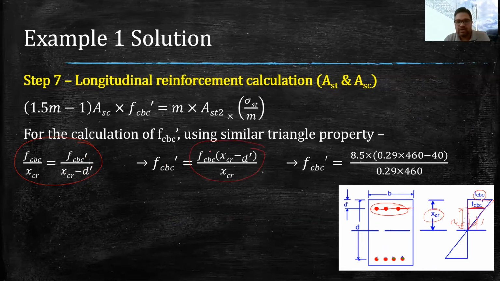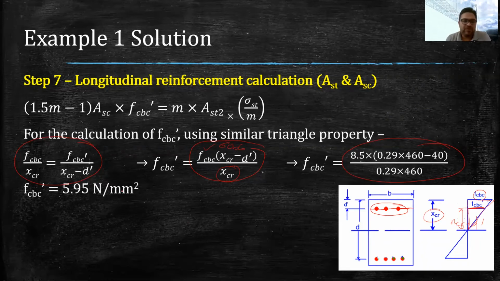All values are known. FCBC here is equal to sigma CBC, and XCR minus D dash over XCR. By putting all the values, we can find out FCBC dash as 5.95 Newton per mm square.